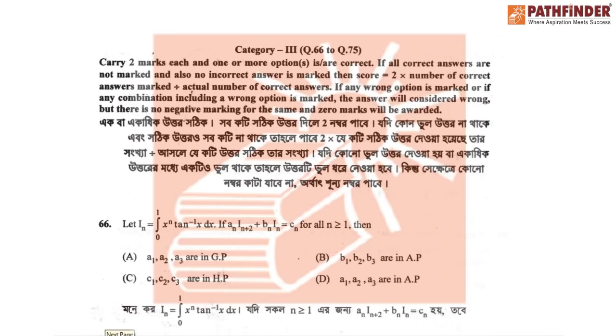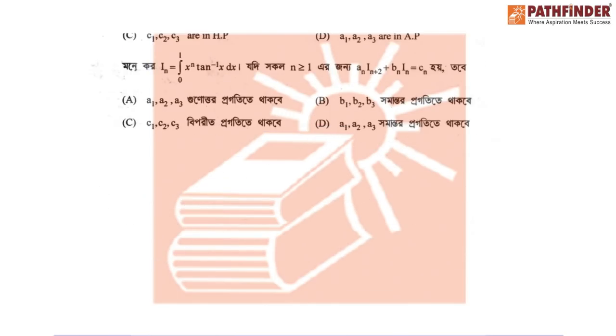Next is question number 66. Multiple correct question, category 3. I_n is defined in this way, and then this is the relation I_(n+2) in terms of I_n, n more than or equal to 1, then we need to find this relation. Okay.